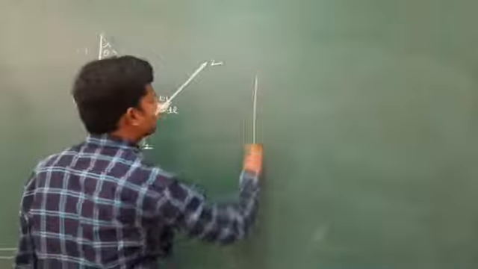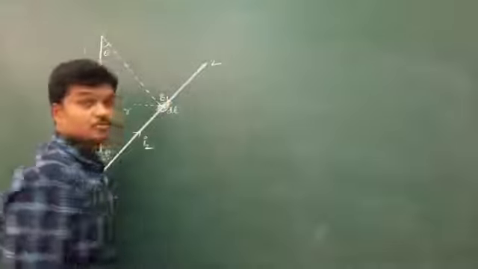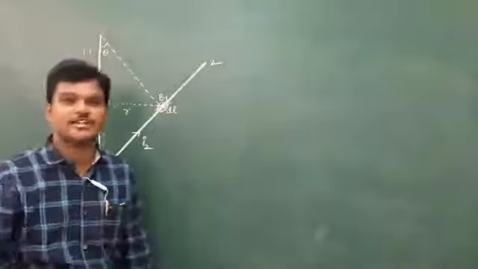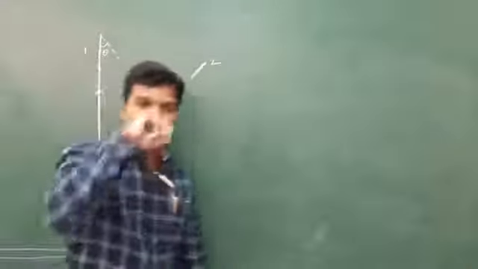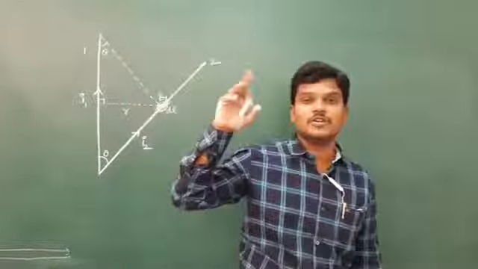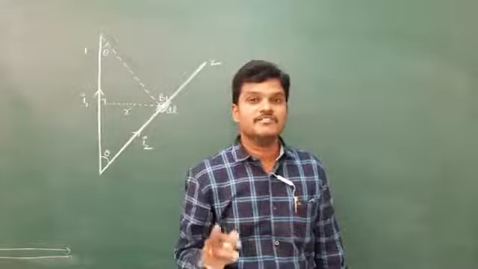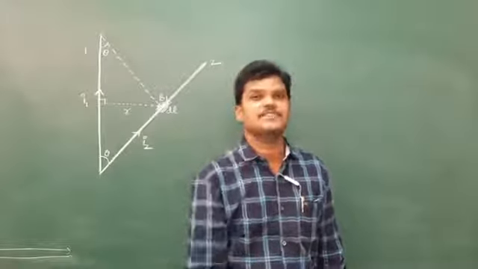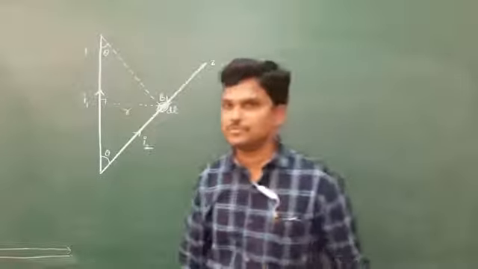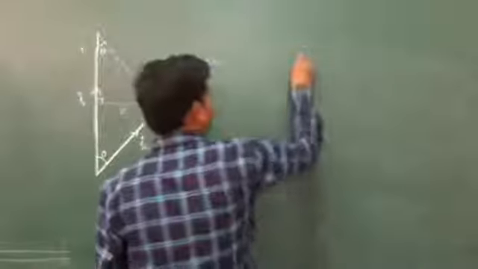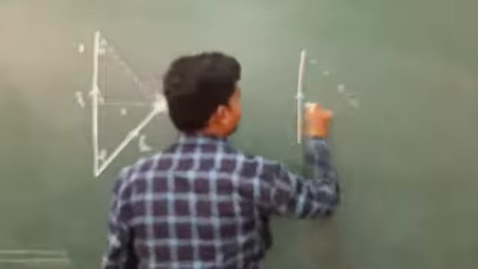B1 means just recall the previous formula. Magnetic field due to straight wire, known length, finite wire. I derived one formula, and by using that formula, I solved plenty of questions. That is, B is equal to mu naught I by 4 pi d, sin alpha plus sin beta. I hope that you have remembered that formula. Magnetic field due to straight wire.